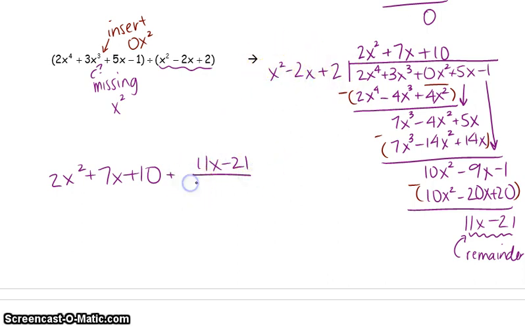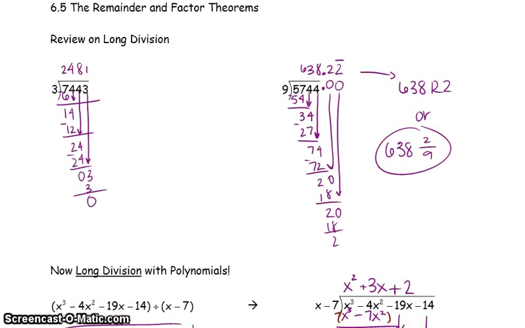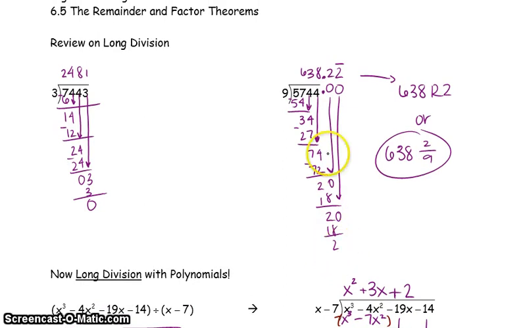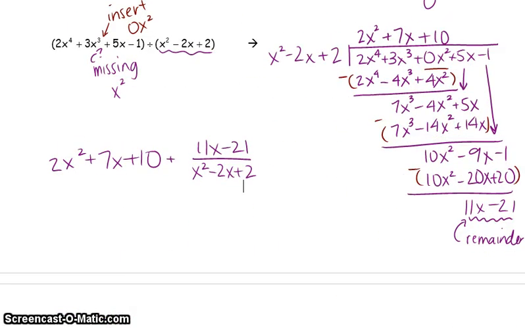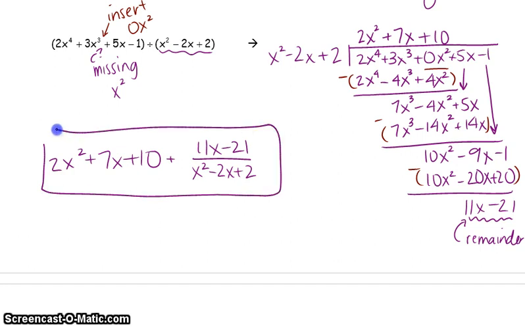So that is our x squared minus 2x plus 2. It's no different from what we were doing above, how we took our remainder and divided it by what we were dividing our whole polynomial by. And this is our final answer then.